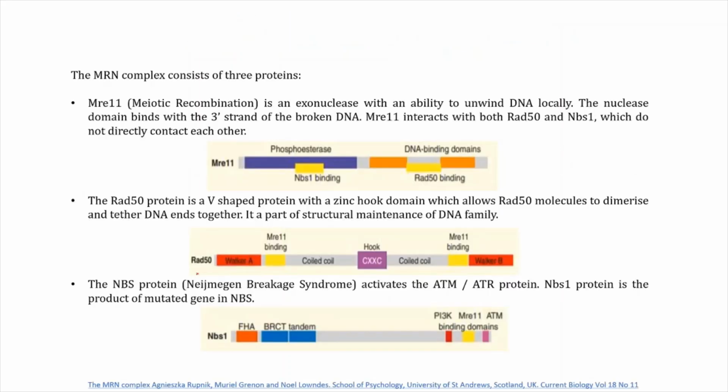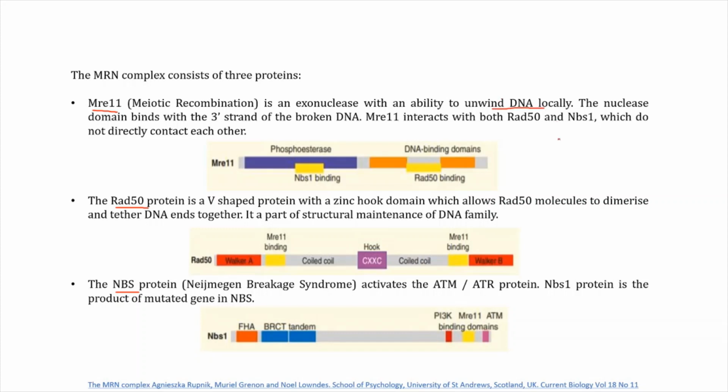Coming to the MRN complex, which consists of 3 proteins, namely MRE11, the RAD50 protein, and the NBS protein. Explaining the MRE11, which stands for meiotic recombination 11, it is an exonuclease with an ability to unwind DNA locally.